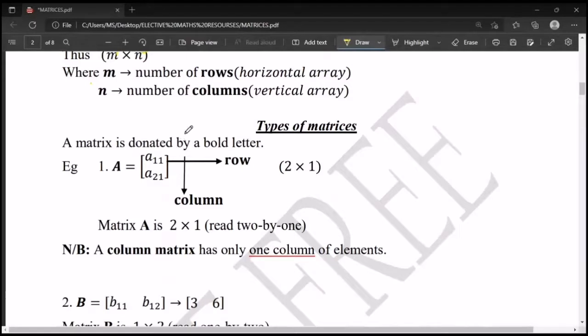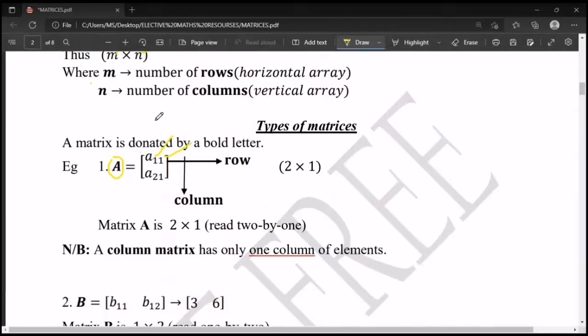Now let's look at the types of matrices. Matrices are denoted by a bold letter. So it can be letter A, letter B, letter C. For this first example, A sub 1,1 is an element of this matrix. A sub 2,1 is an element. Someone may ask, what is this sub 1,1?